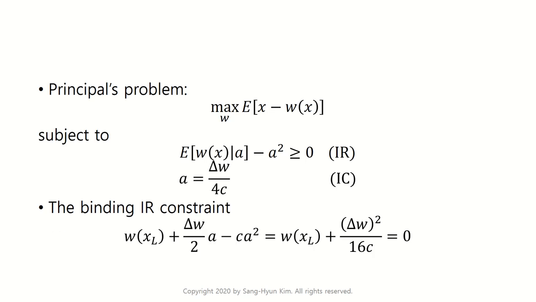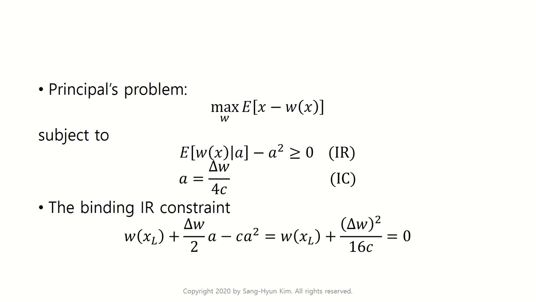So in the first stage, the principal is making an offer. When the principal is making an offer, the principal deliberately chooses the best wage schedule or the best contract to maximize the profit, the expected profit. So the principal's objective function is the expected profit, expected value of x minus w.